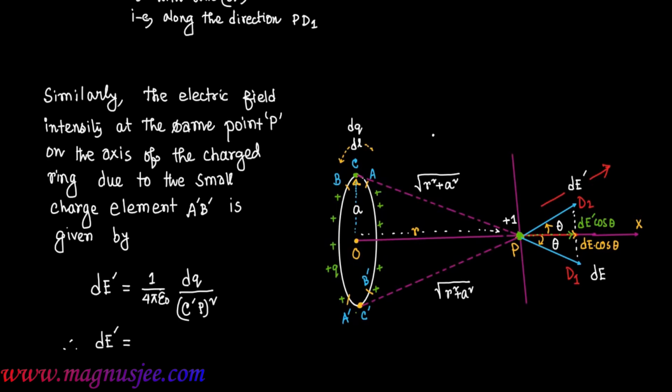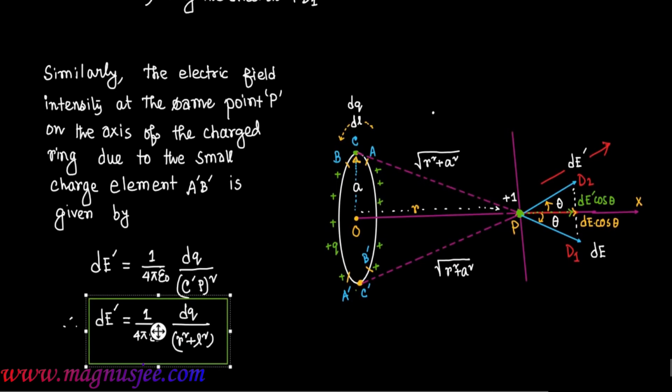Therefore, dE prime equal 1 by 4 pi epsilon 0 dq divided by r square plus a square, where C prime P is the distance of the point P from the point C prime of the charge element.